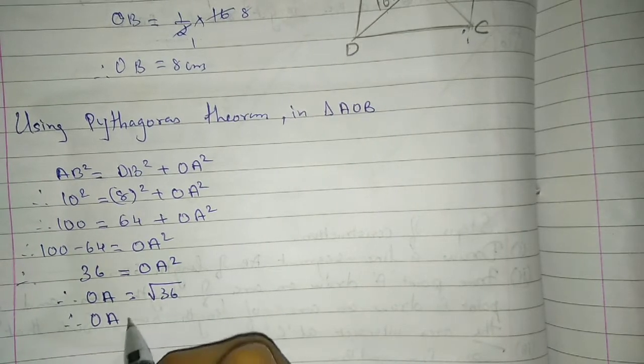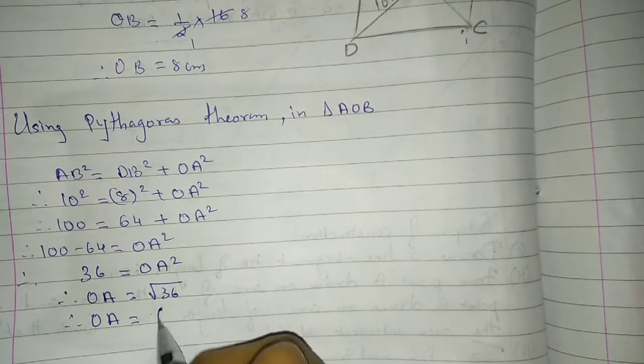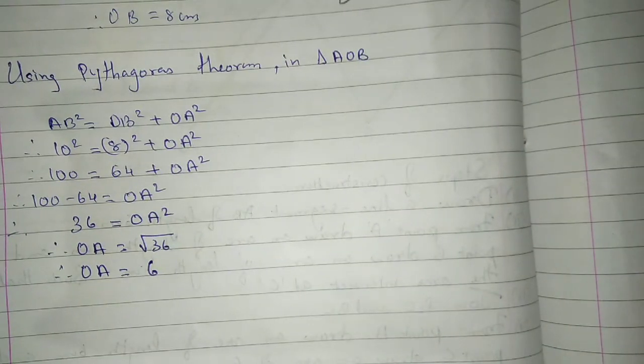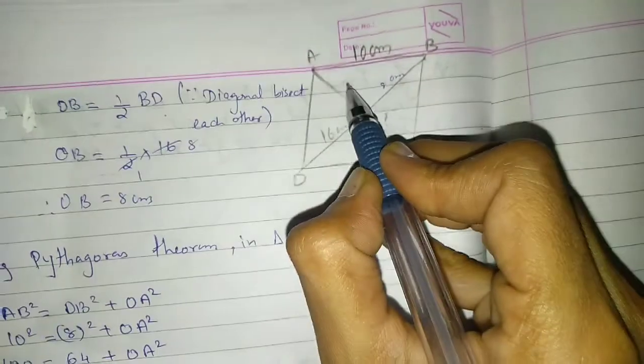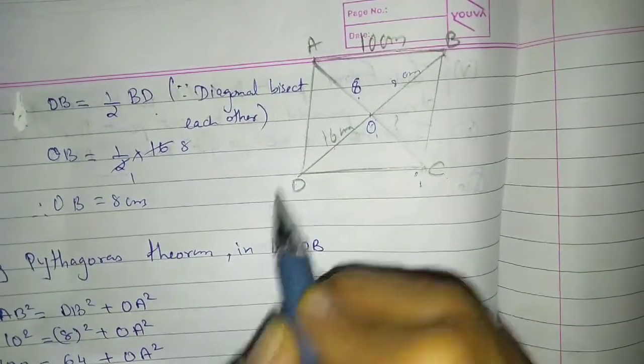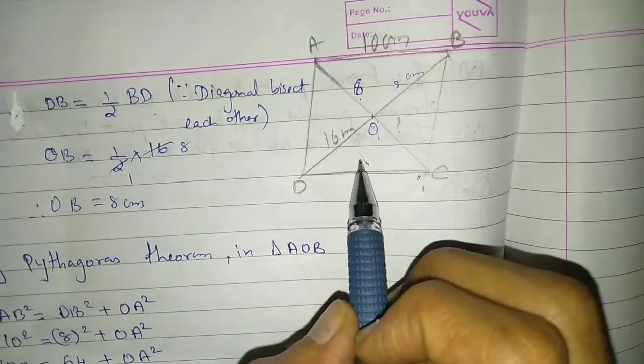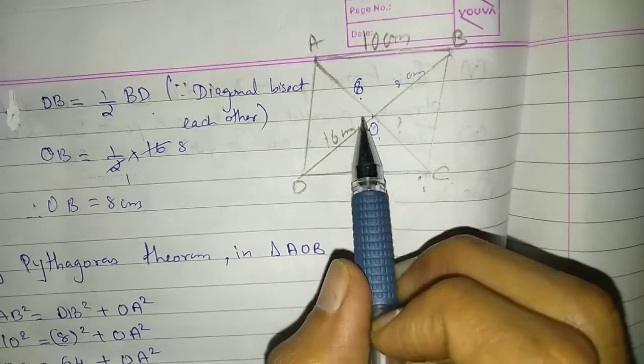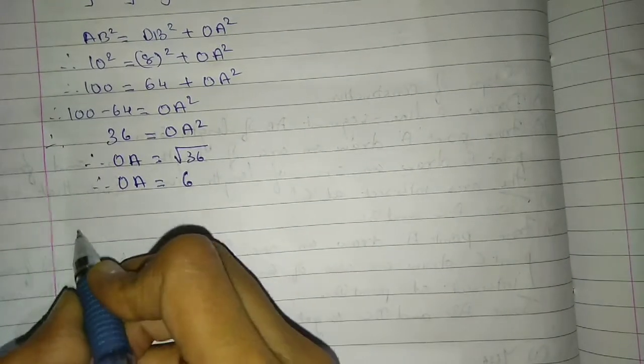Therefore OA equals 6, because 6 is the root of 36. So OA is 6 centimeter. Okay, so what can we write?